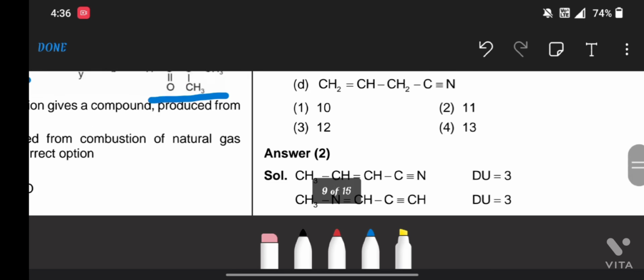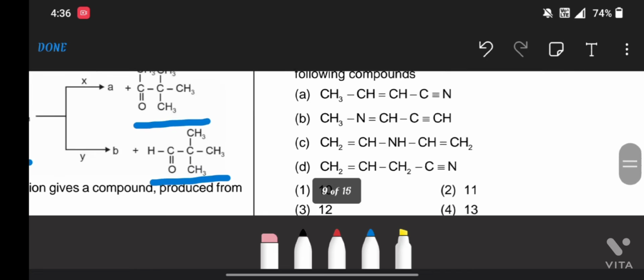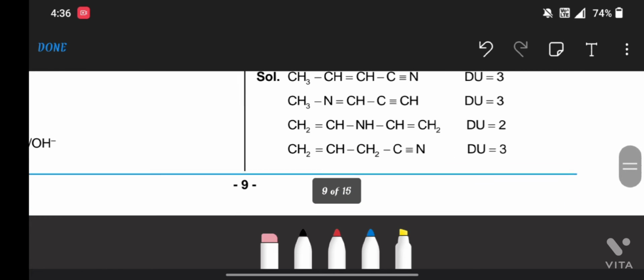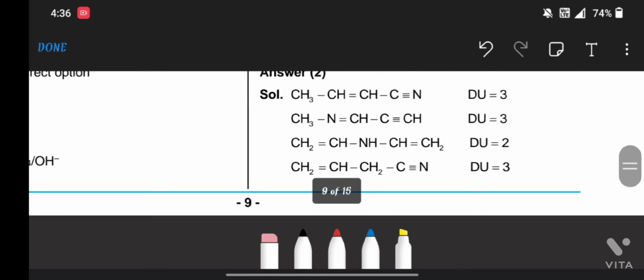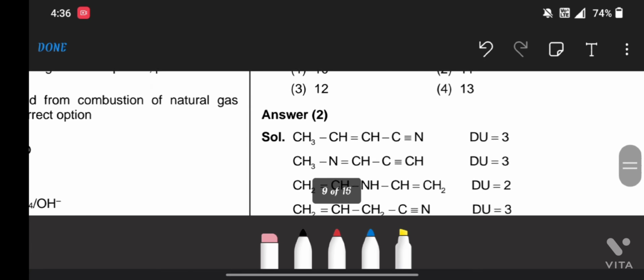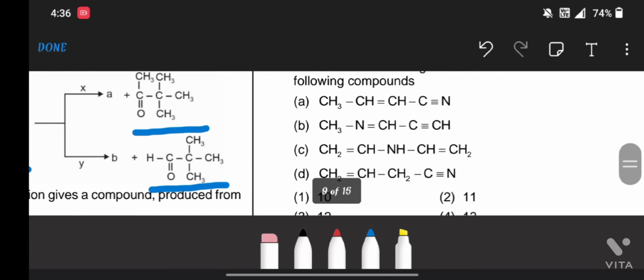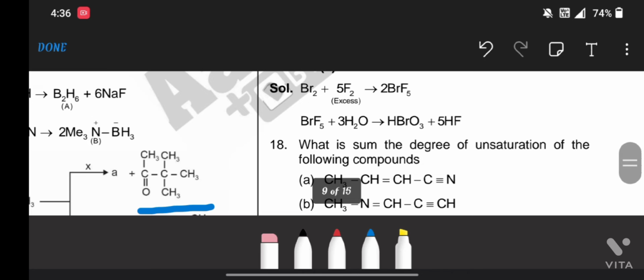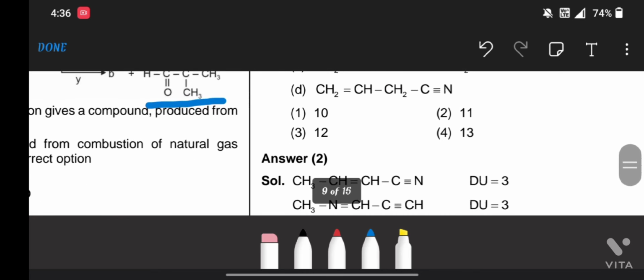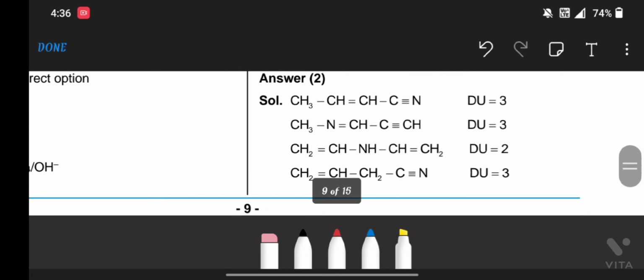The second one is also 3, the third one will be 2, and the fourth is 3. So it is 3, 3, 2 and 3. If we total this, 3 plus 3 is 6, plus 2 is 8, plus 3 is 11, so we are getting 11.